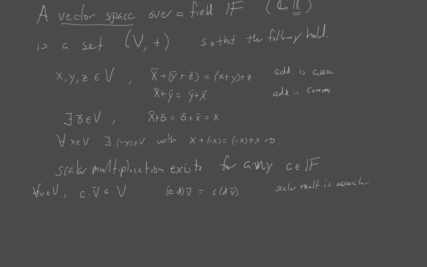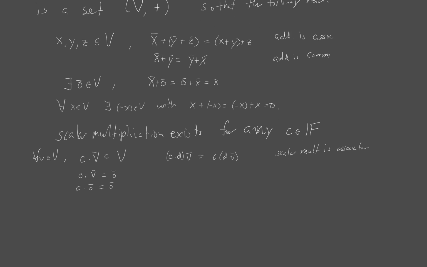Okay. I do want, if I take 0 times a vector, I want to get the 0 vector. And if I take any number times the 0 vector, I should get the 0 vector again.